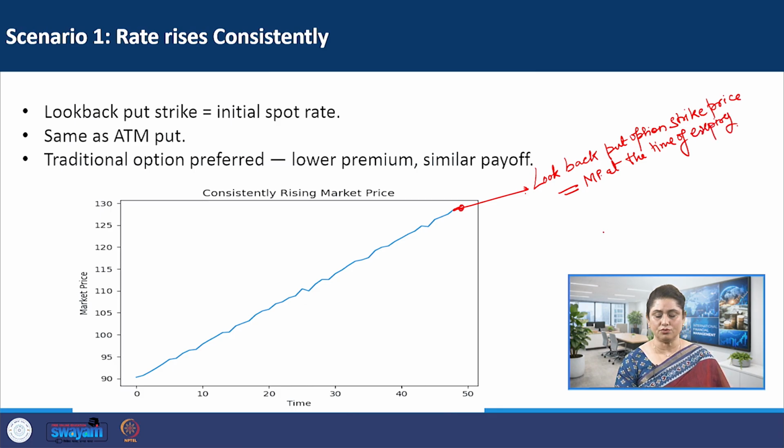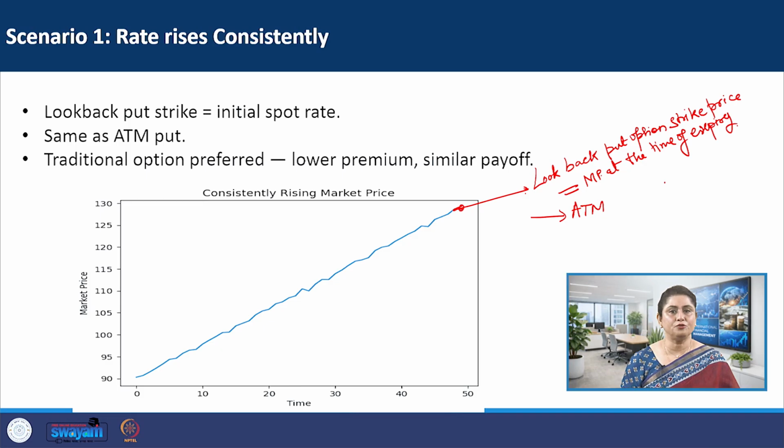So, in this case, it becomes an at-the-money option, where market price is equal to the strike price. Since the price has only moved upwards, this option also expires out of the money and gives 0 payoff. So, in this particular scenario, both options generate the same payoff, which is 0.